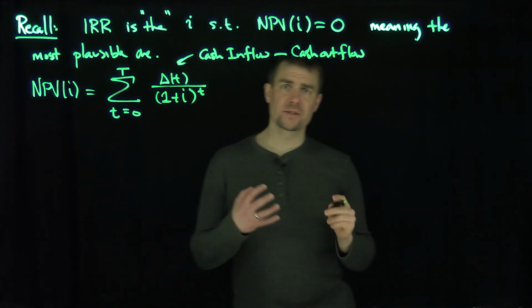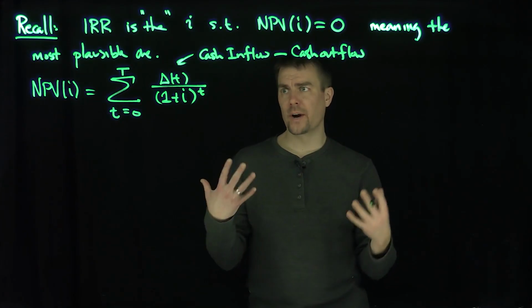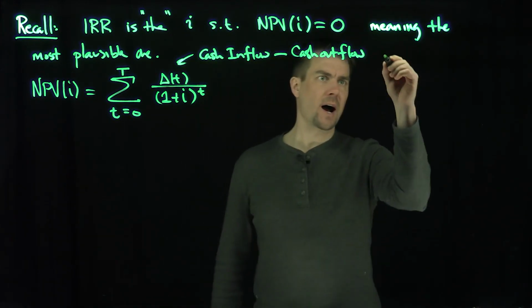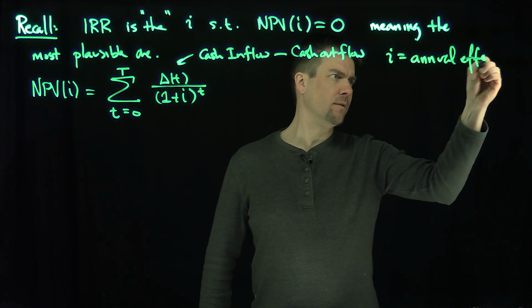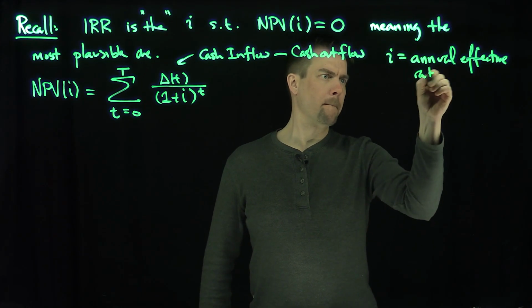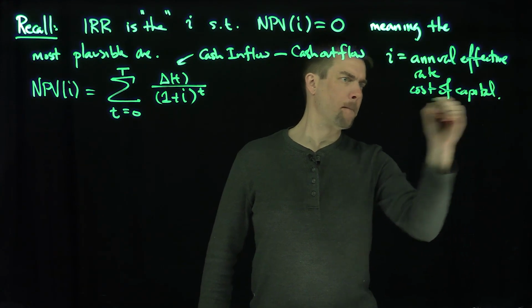Of course, I is our cost of capital, and typically t is an integer corresponding to annual rates. So these are all annual rates, and I is the annual effective rate, or the cost of capital.